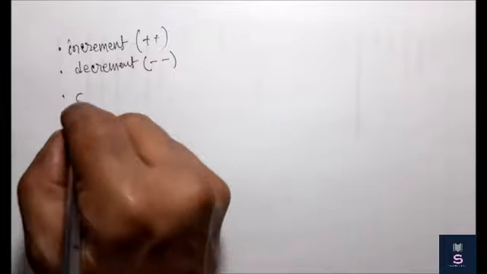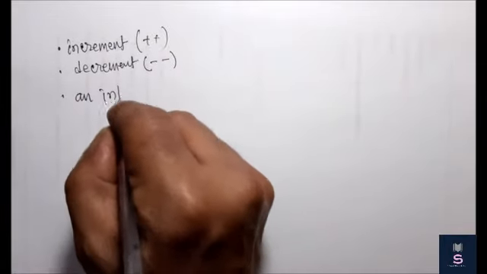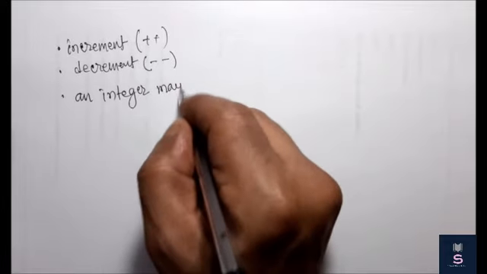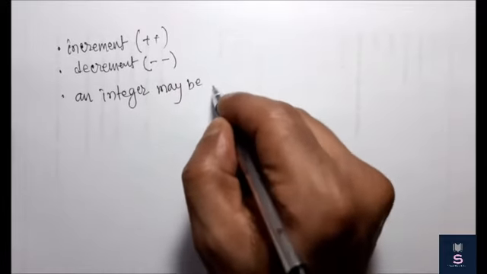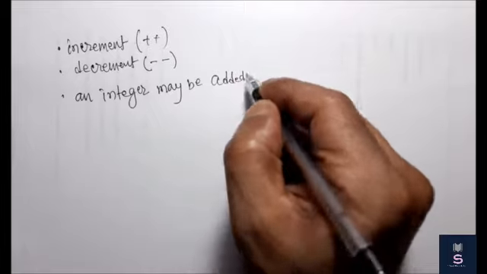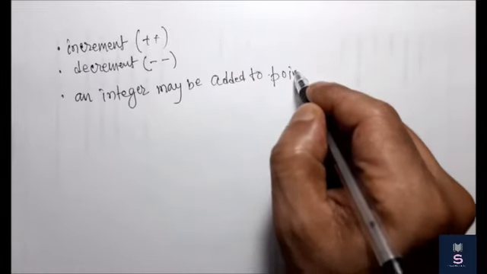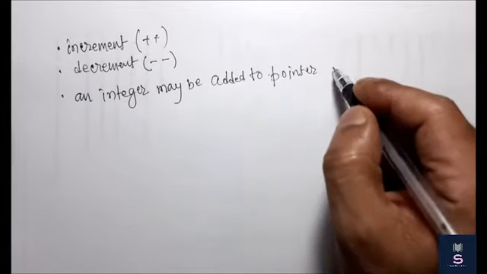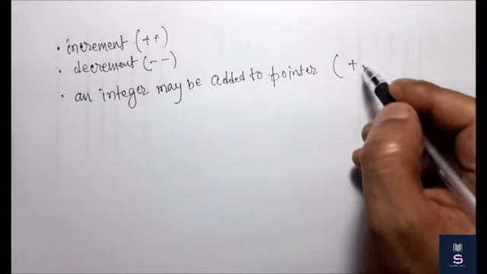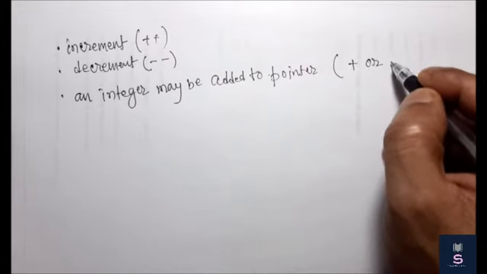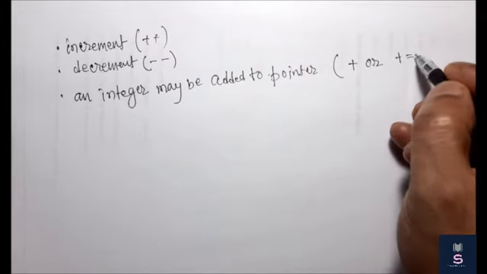If I want to add an integer to a pointer, we will use the plus symbol, or plus equal to.